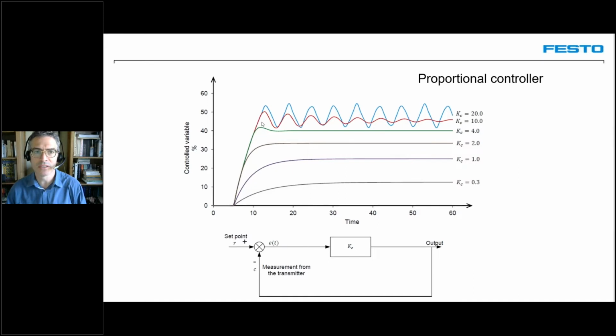For example, let's say that we would like to maintain the tank level at 50%, and instead we would have our tank level constantly fluctuating between 40% and 60%, 40, 60, 40, 60, with the pump kicking really hard to keep this running. This is the kind of response we do not want to have. So we will have to find the proper value of the gain to give us the type of response we want.